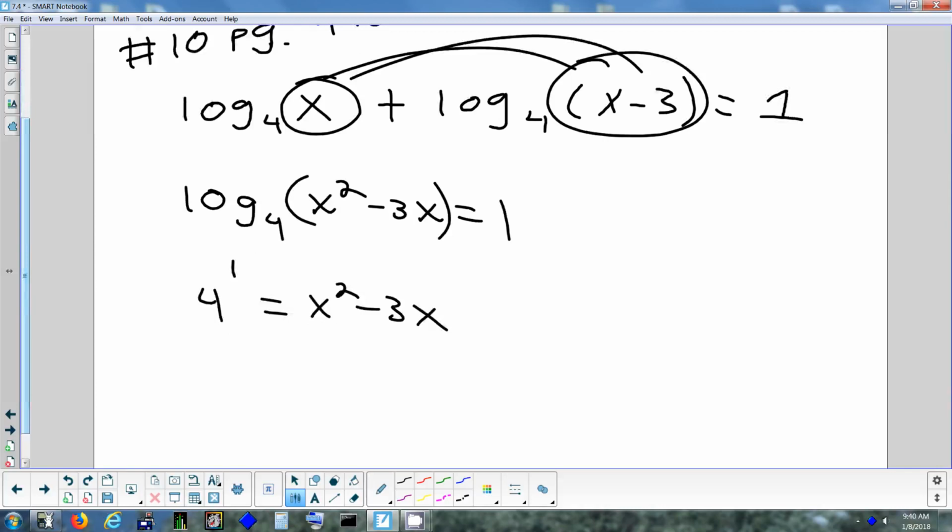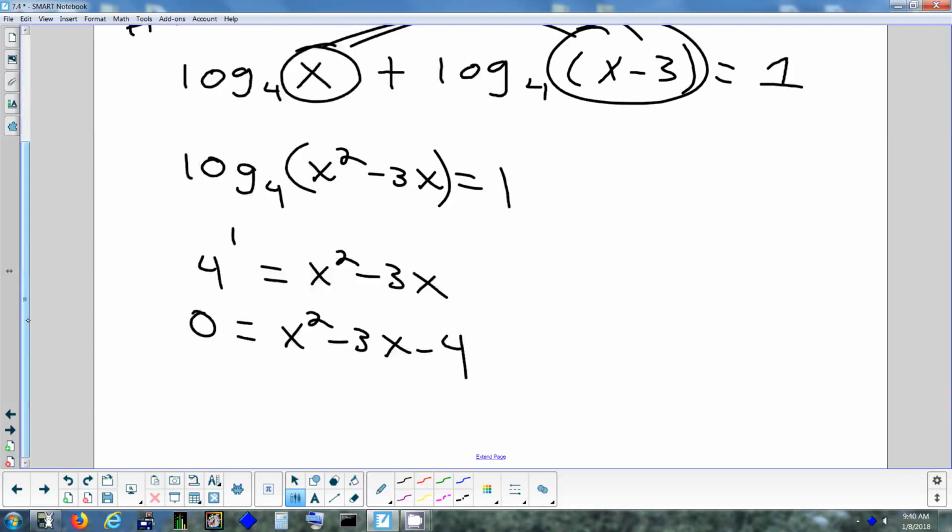Now we've got a quadratic, but this quadratic is equal to 4. Usually when we solve a quadratic, we get it equal to 0. This time, move everything to the right so you can keep the x squared positive. I need two numbers that multiply to give me 4 and subtract to give me negative 3.